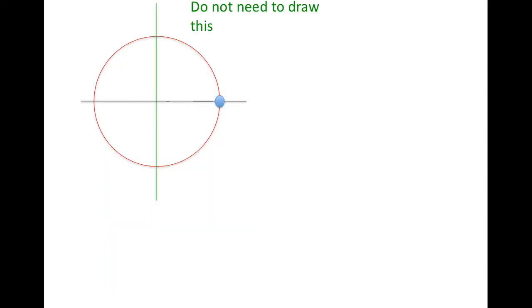Let's take a closer look at the relationship between the circular path of an object and that of, for example, a pendulum or the loaded spring that is in simple harmonic motion. Here we have an object that's traveling in a circular path.